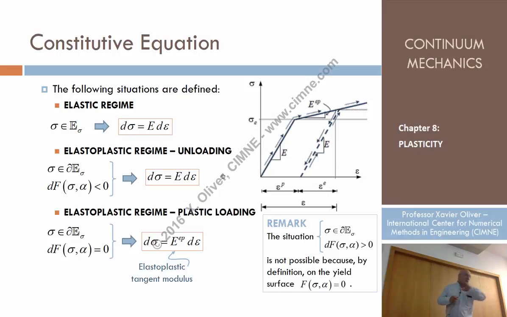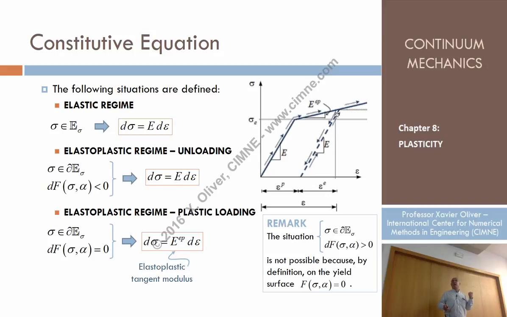So then the only possible situations are: either we are in the elastic domain in one of these branches, and the incremental constitutive equation is elastic. If the point is at the boundary, at the elasto-plastic branch, now we have to distinguish unloading, meaning that the increment of f is smaller than 0, and then the incremental unloading behavior follows the slope of the elastic branch.